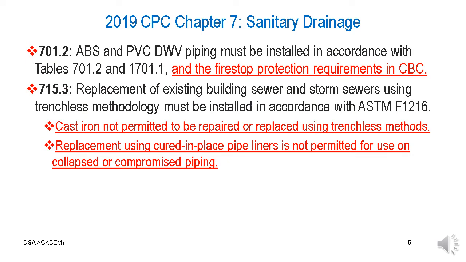With regards to sanitary drainage in Chapter 7, 701.2 notes that ABS and PVC DWV piping must be installed in accordance with Table 701.2 and 1701.1 and the fire stop protection requirements in the CBC. 715.3 relates to the replacement of existing building sewers and storm sewers using trenchless methodology, which must be installed in accordance with ASTM F1216.